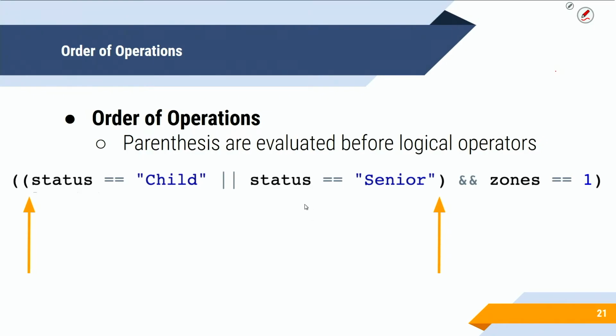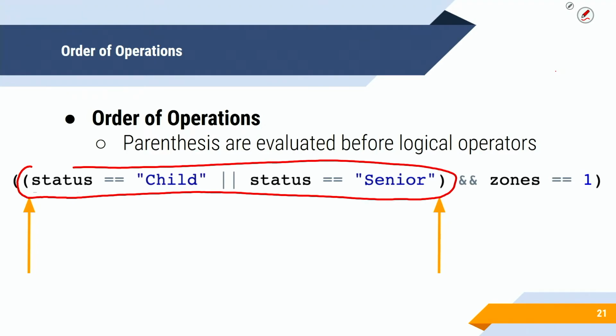Now, something to keep in mind, and this is something I did not remember to say during the original class, but I'll mention it here. You do have to keep in mind order of operations. Just like in math class, parentheses are evaluated before the logical operators. So for this entire OR expression, you want to put all the ORs within parentheses.